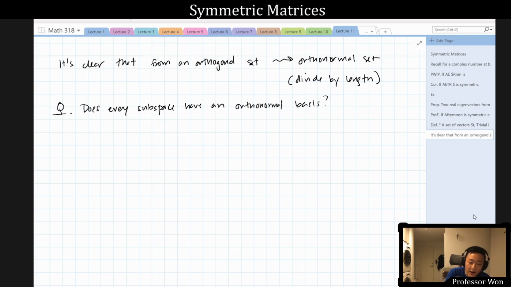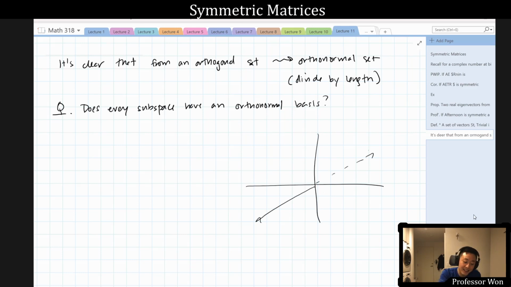Because if I have an orthogonal one, then I can produce an orthonormal one just by dividing. It's not that clear what the answer to this should be, but if we think about the geometry, every subspace looks like some m-dimensional plane through the origin, and if I give you an m-dimensional plane through the origin, you can set up a coordinate system, it seems.